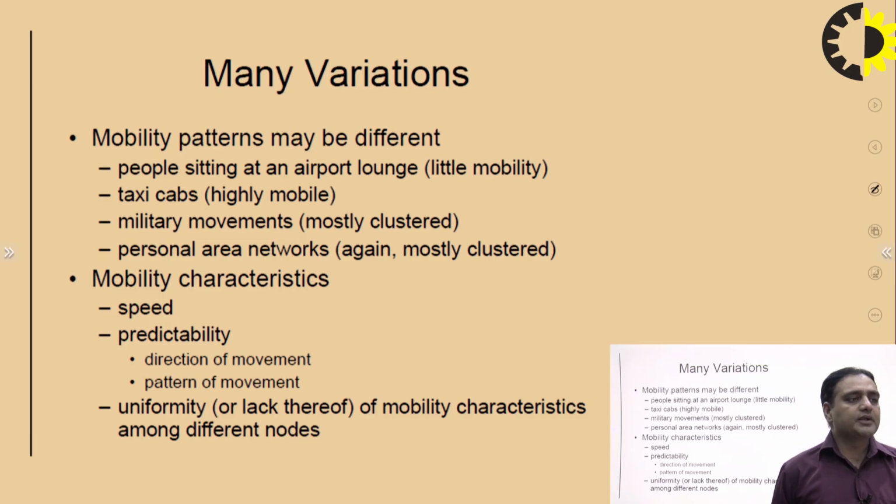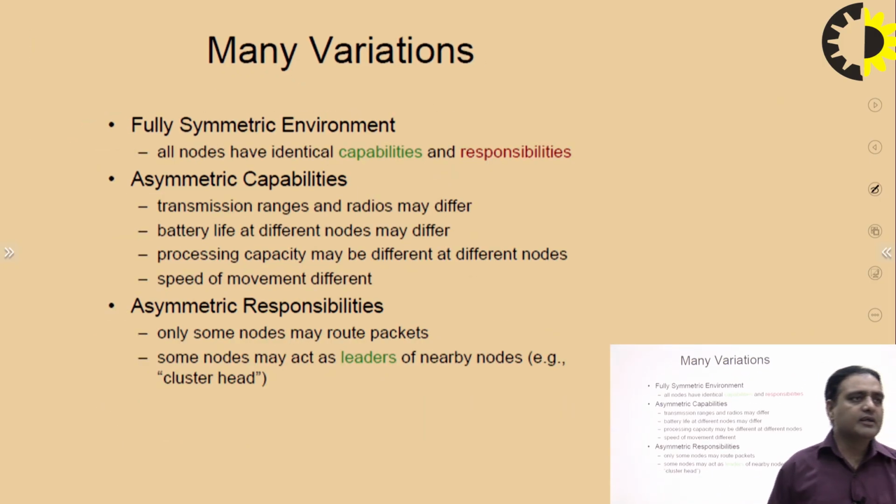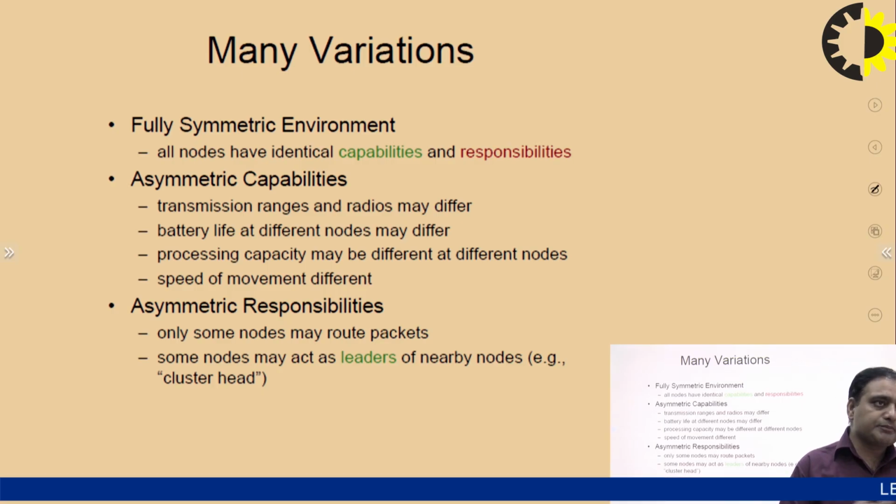The second, mobility characteristics: speed, predictability, directions of movement, pattern of movement, uniformity or lack of uniformity of mobility characteristics. So you can understand that in ad hoc networks this type of variation is available, making challenges in the networks.